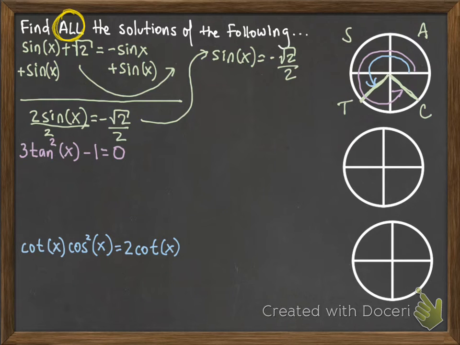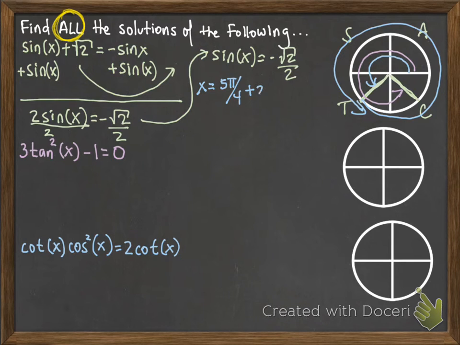We know that the first time that it hits a negative square root of 2 over 2 is going to be 5 pi over 4, because that's what that angle is. Now we know that it's going to hit 5 pi over 4 again when we go around here and we go 2 pi radians around. And every 2 pi radians around, we hit that particular angle.